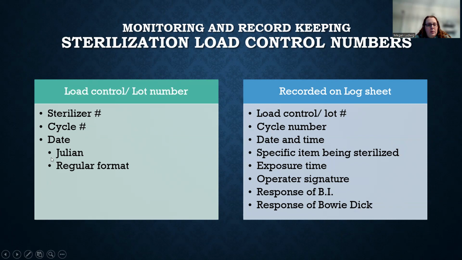Now the date might be in both or one or the other. The Julian date is still pretty common. I don't love the Julian date, if we're being honest, because I don't think in Julian dates, I guess, is the reason. The Julian date is the number of the day of the year. So, for example, January 1st, the Julian date would be 1, right? January 30th, the Julian date would be 30.